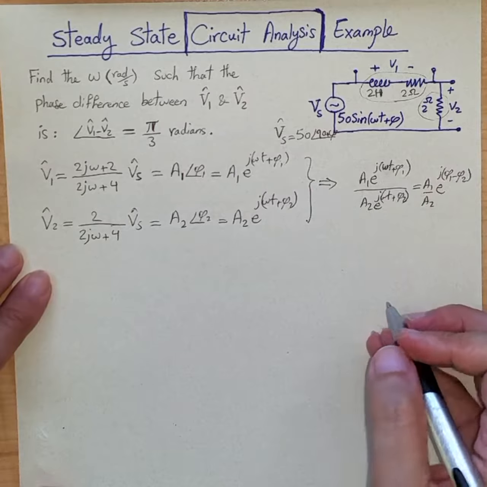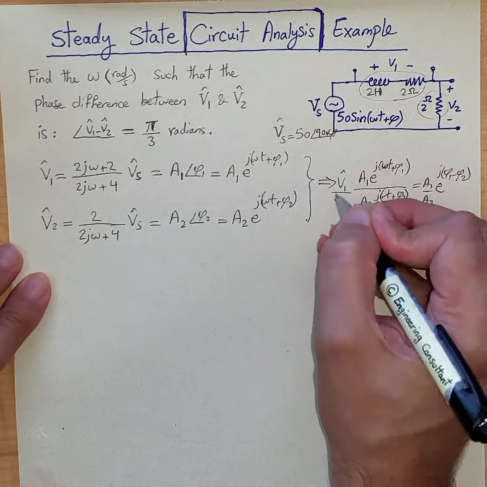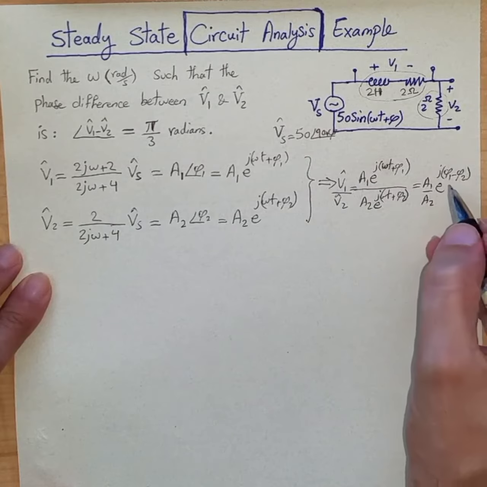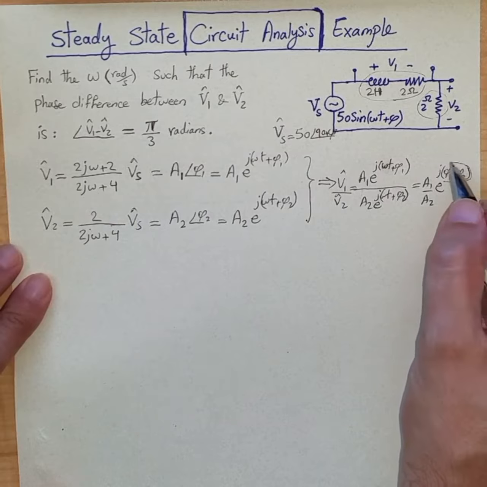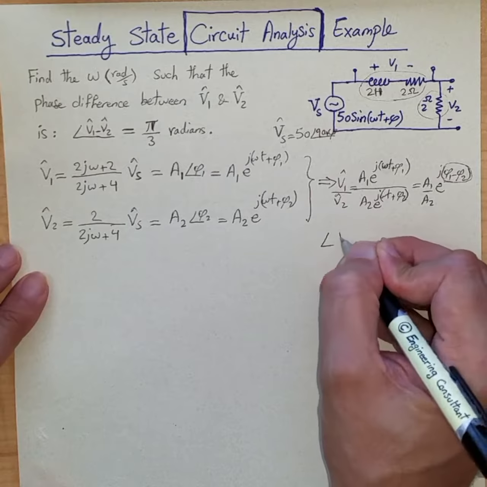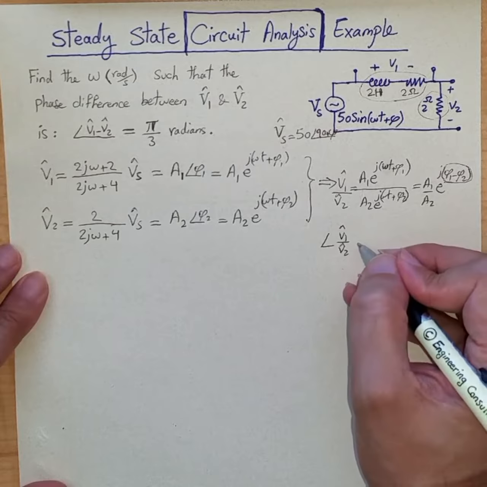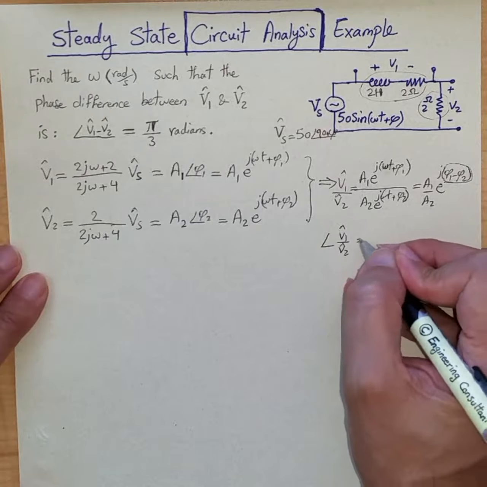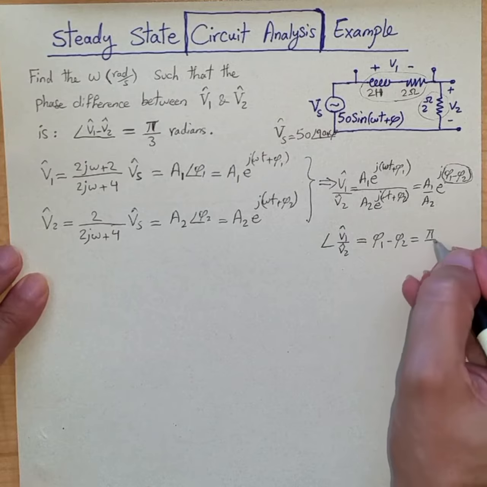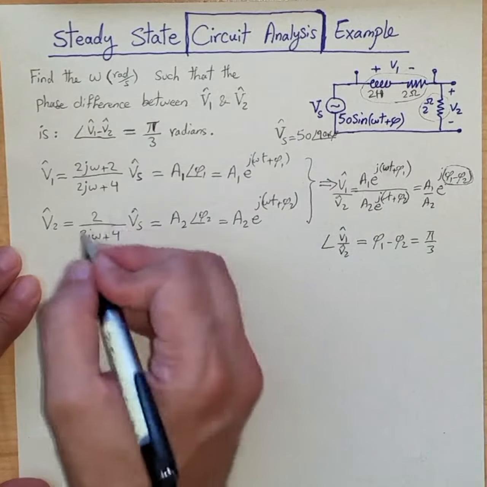So effectively, if we divide V1 by V2 and we get this, then the phase of the outcome is exactly what we are interested in. So the phase of dividing these two phasors gives us the answer. And it is supposed to be pi over 3 as it is given in the problem.